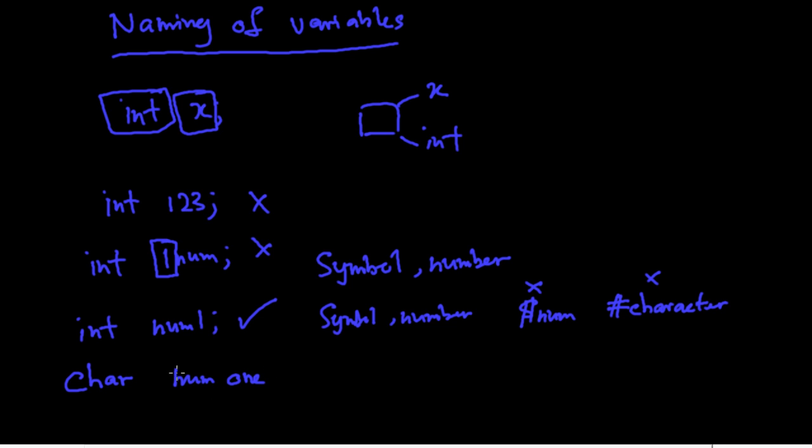It's all made of alphabets. The first letter in front here isn't a number, but this is still wrong. Reason being because you cannot have a white space. No white space, or in layman's terms, space bar, for the variable name.